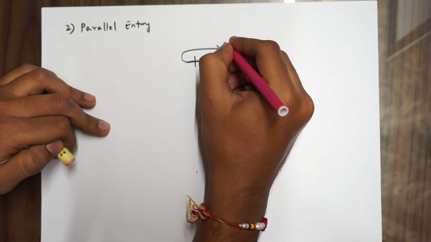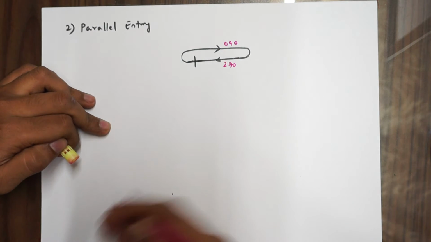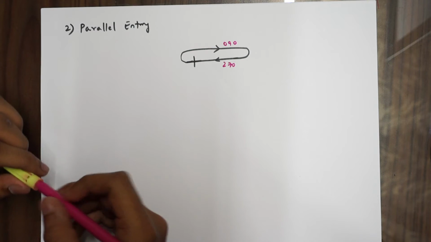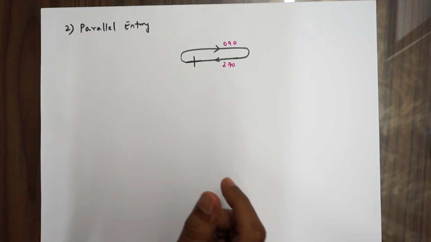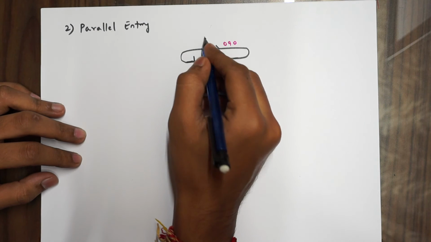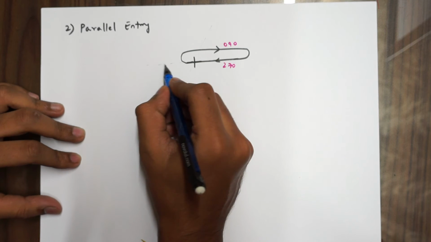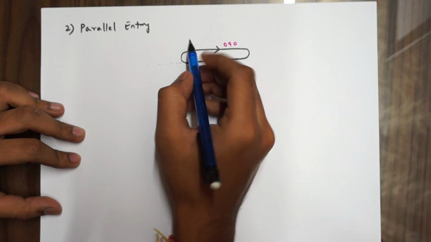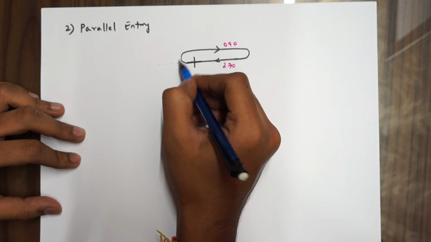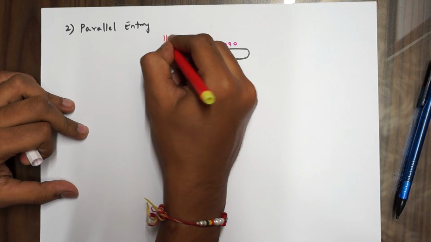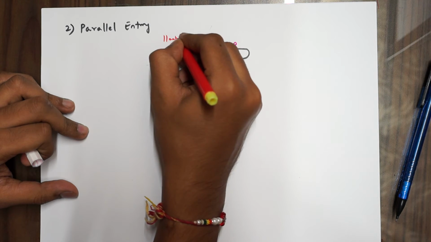I'm just keeping it constant. You guys can try with different examples. I'm keeping it constant so that it's easier for us to comprehend. Same thing, just imagine and draw. If you remember, for parallel entry we are supposed to be in this sector because it's a 110-degree sector, the bigger sector. So this is your parallel entry.